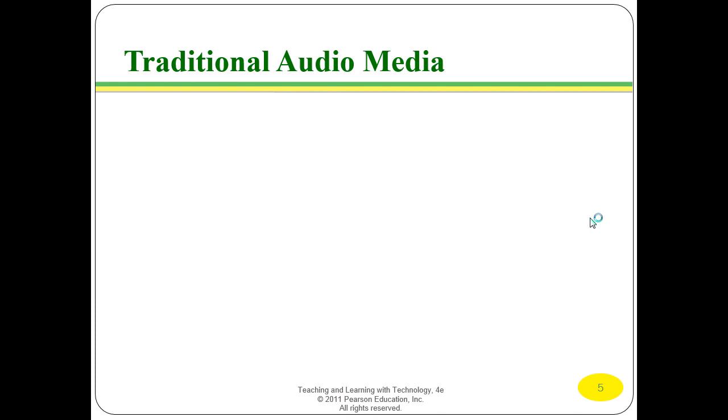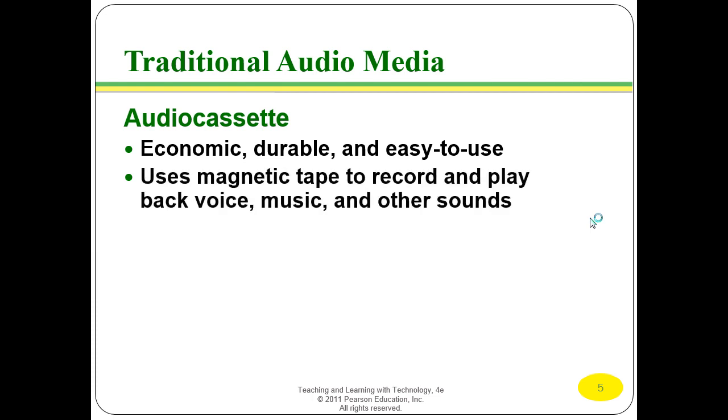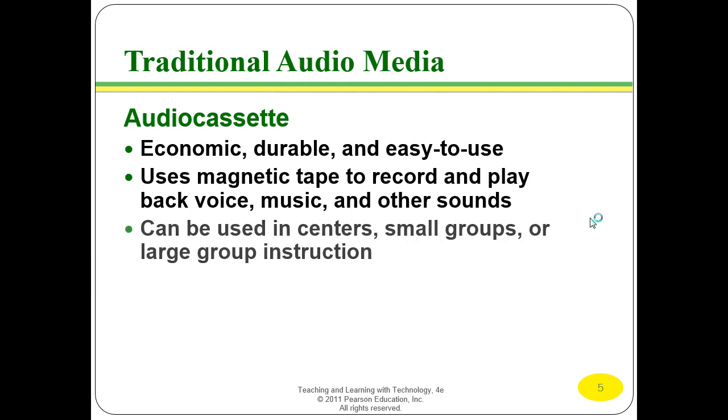Now, traditional audio media, we have the good old audio cassette. They're cheap, durable, easy to use, easy to keep track of. We can usually get cases to hold those things. And all we have to do is just pop them in and out of our cassette player. They use magnetic tape to record and play back voice, music, and other sounds. That's the process behind it.